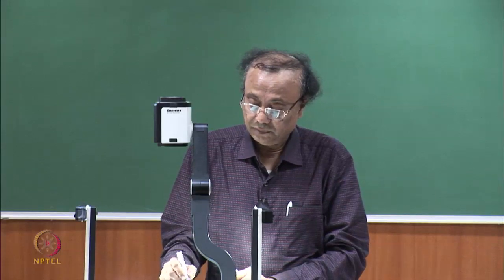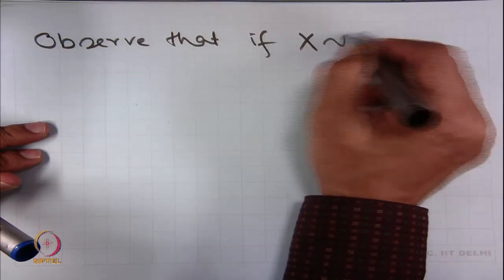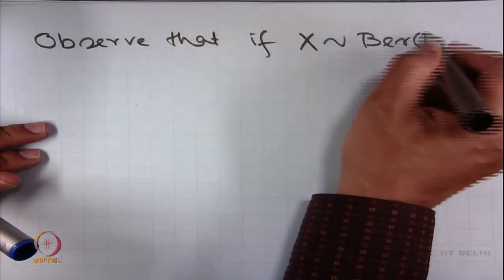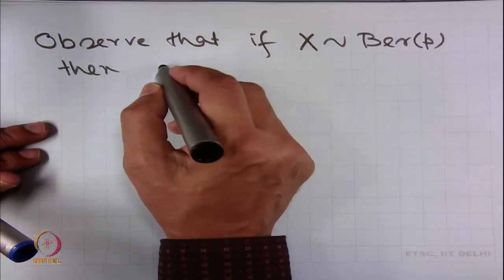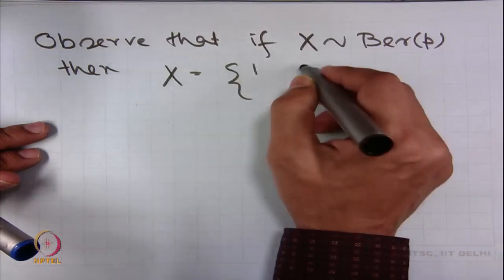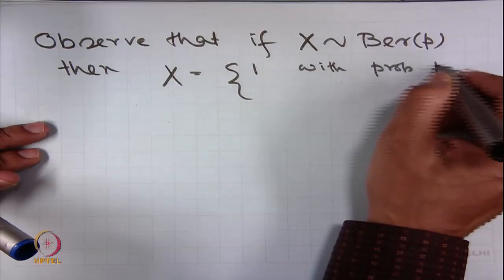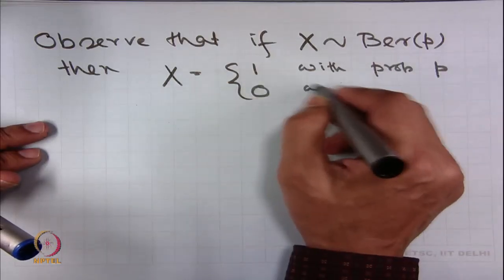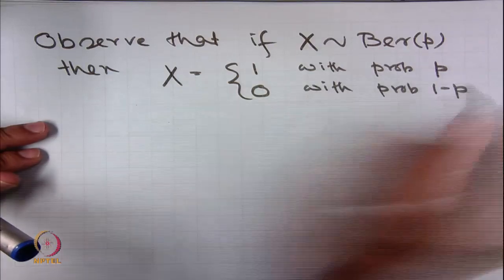observe that if x follows Bernoulli P, then x takes two values, 1 with probability p and 0 with probability 1 minus p.